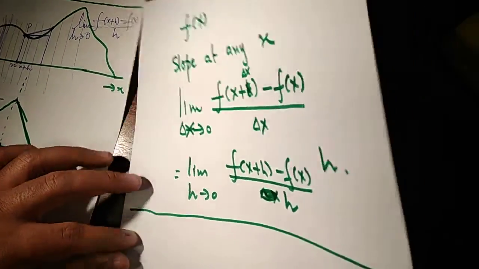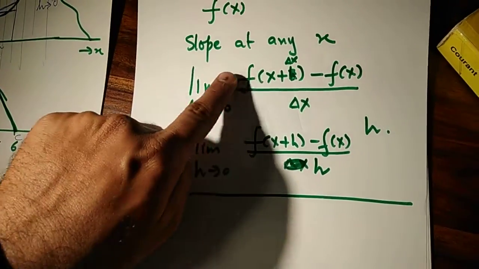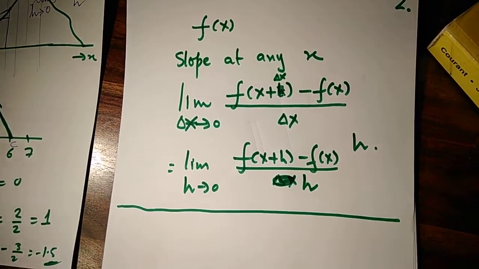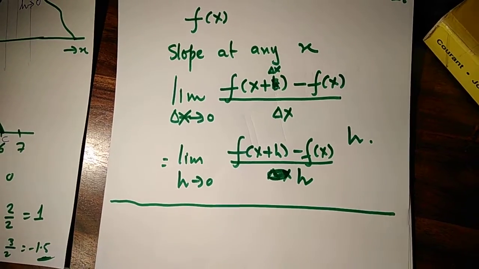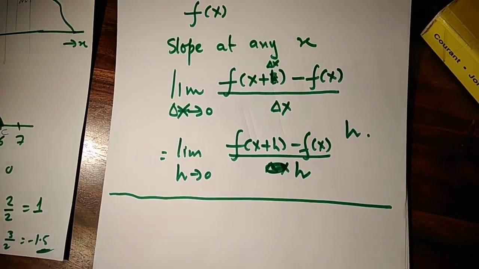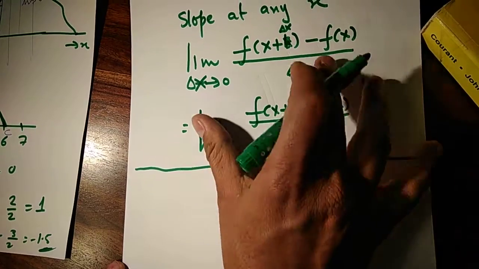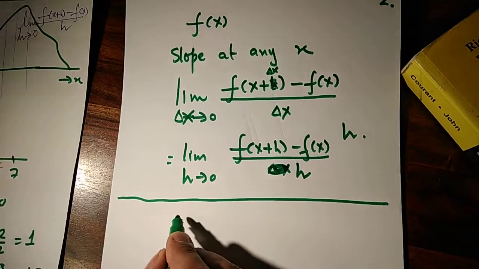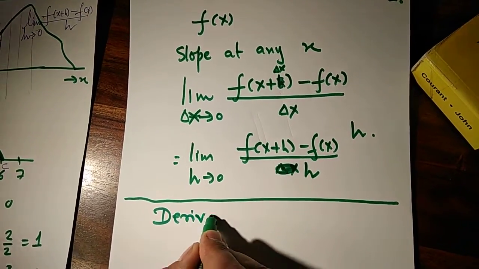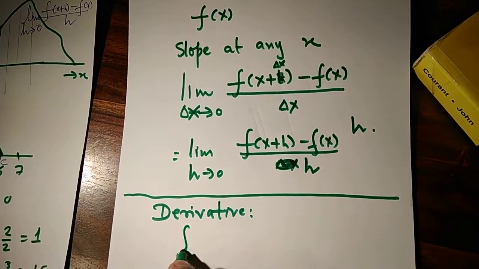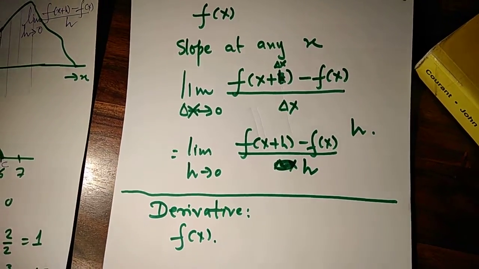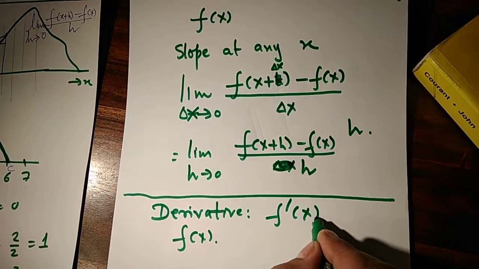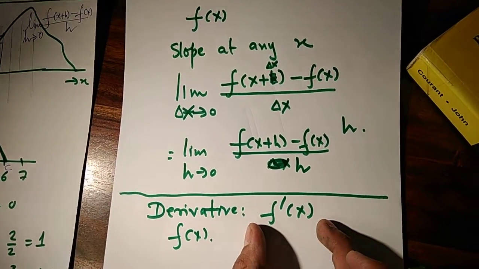Okay. Now if f was not representing height, it could represent any function f, not necessarily height, it could be anything, whatever you like, then the same thing is what is called a derivative. Take a function f of x, and if I want to know the derivative, which I denote by f prime of x, so this is a new function.